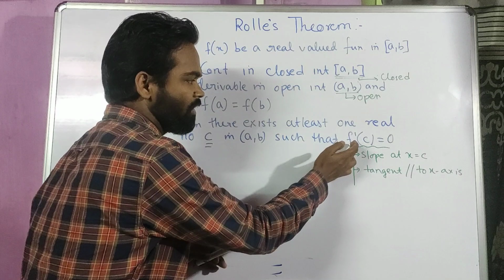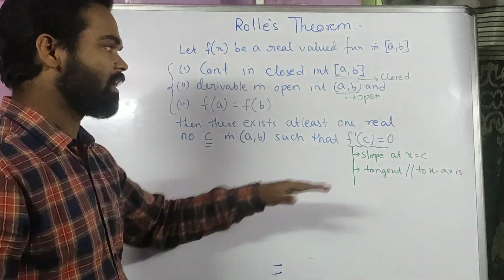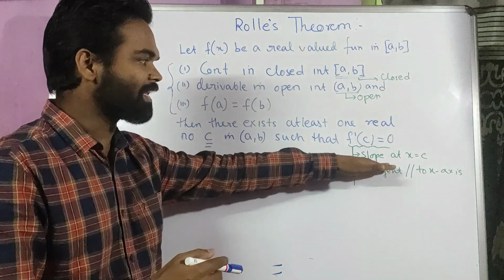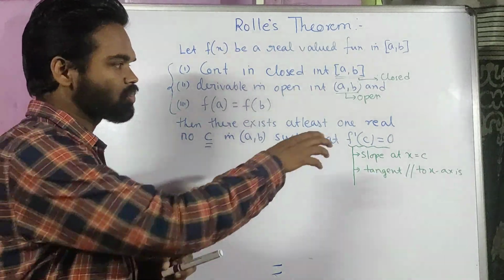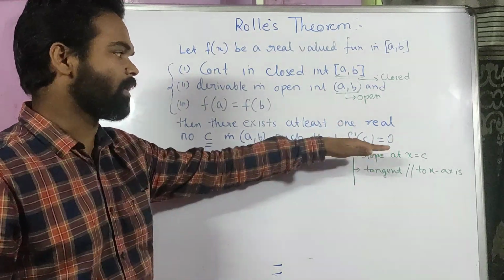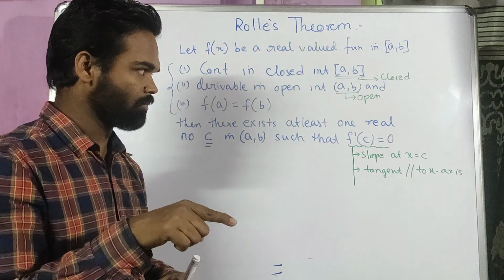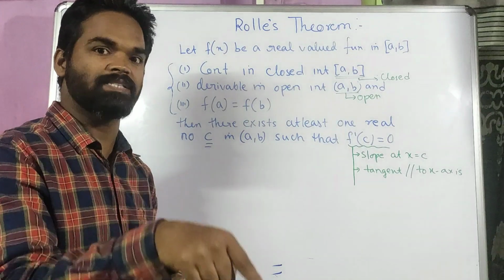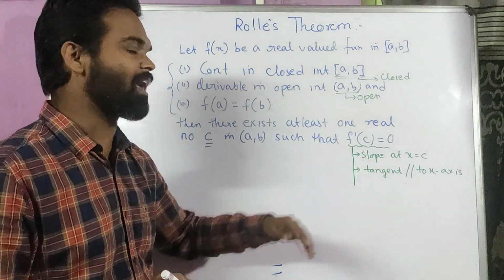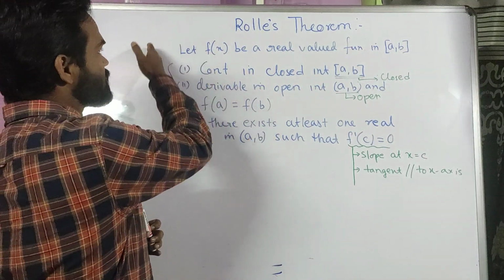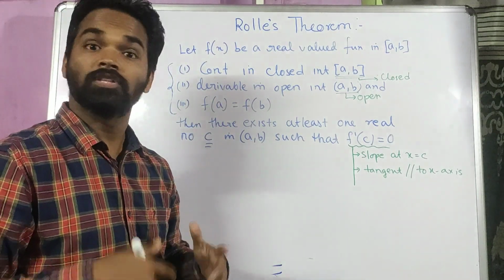Now look carefully, f'(c) equals 0. f'(c) is nothing but the slope of the curve at x equals c. And the slope of the curve we are equating with 0, which means if you draw a tangent to the curve at the point c, then it will be parallel to the x-axis. So that is the statement of Rolle's theorem.